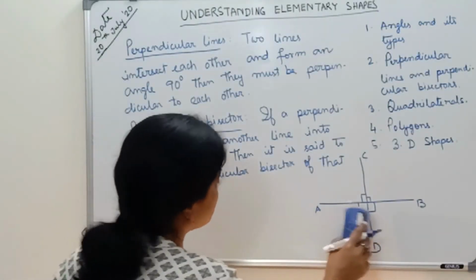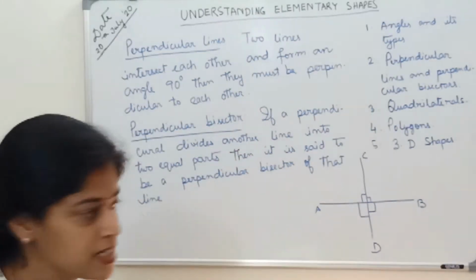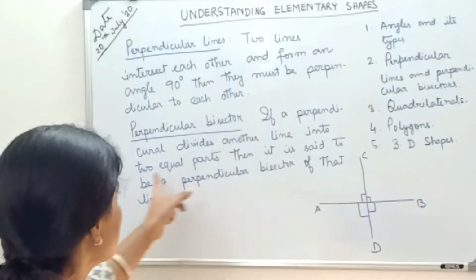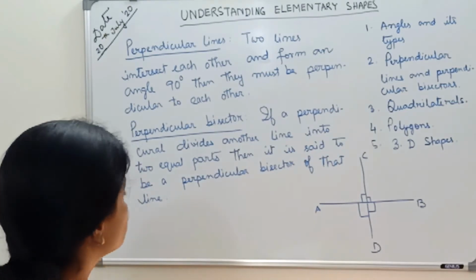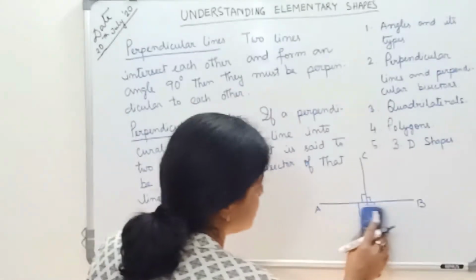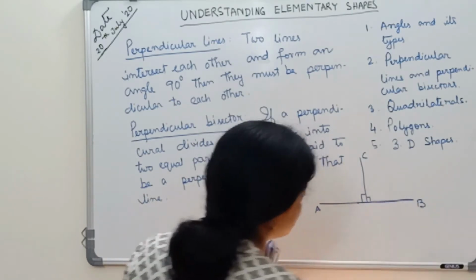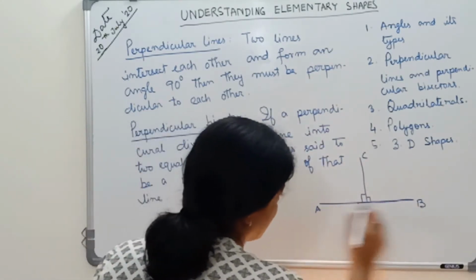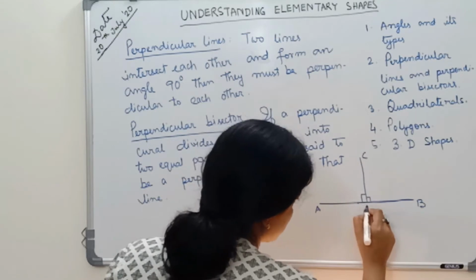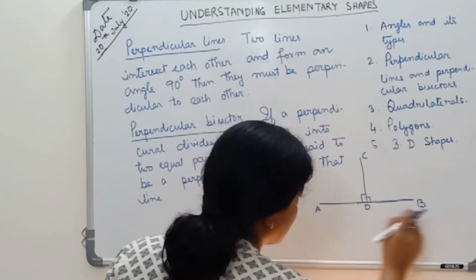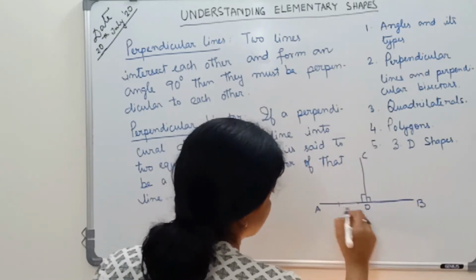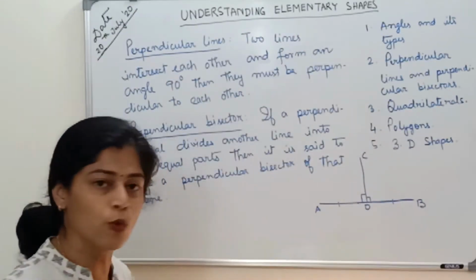Now what does perpendicular bisector mean? It means a perpendicular that divides another line into two equal parts. See, this is also perpendicular. Suppose this is O, and CO divides AB in such a way that the lengths AO and OB are equal.